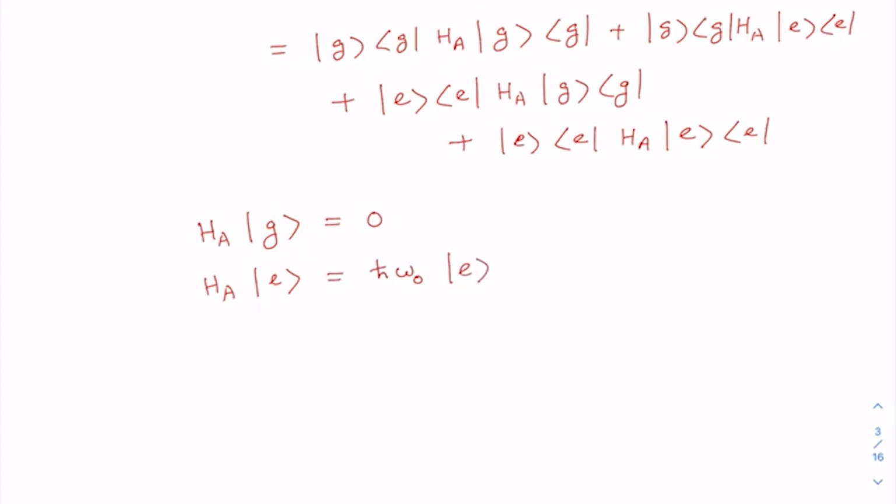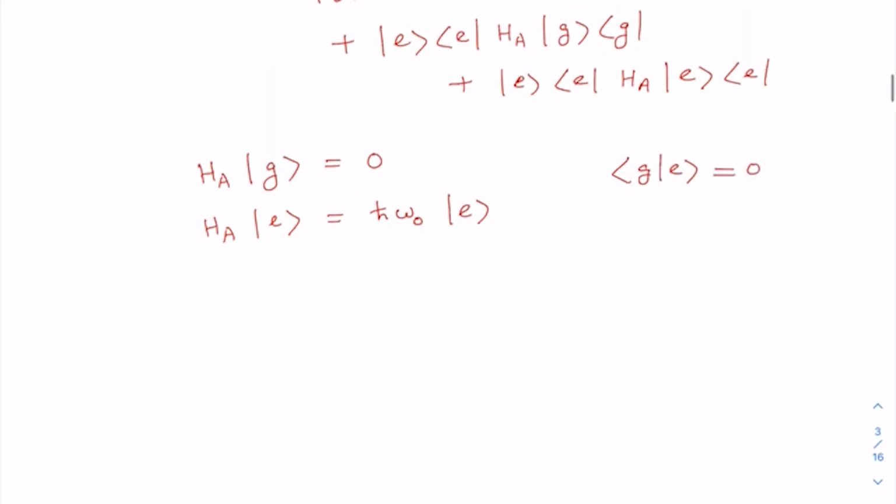And also we know that these states are orthogonal to each other, so the scalar product ⟨g|e⟩ is equal to 0. So therefore you can immediately see from these relations that the atomic Hamiltonian can be written as h cross omega 0 |e⟩⟨e|.